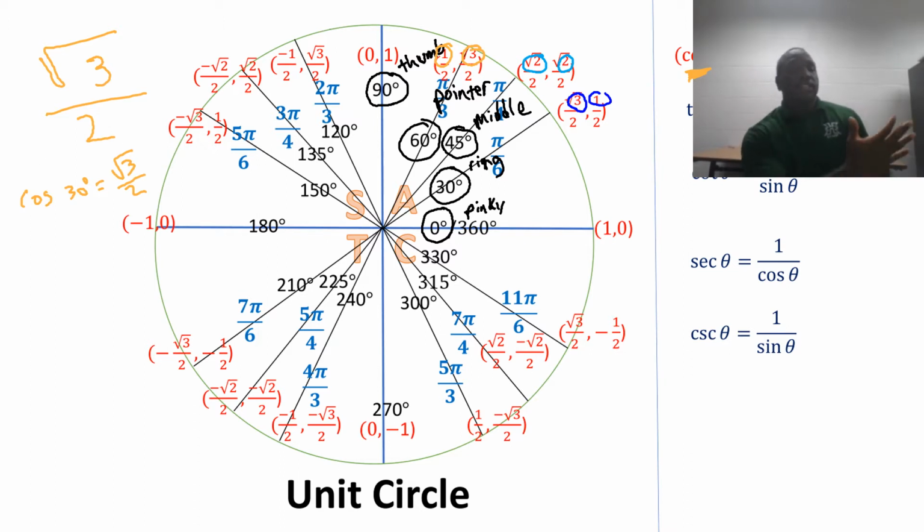Let's say we tried it on something else. Let's say we tried 60. So 0, 30, 45, 60, 90. If we folded on that 60 finger, notice that we have 1 and then we have 3. Cosine comes before sine.